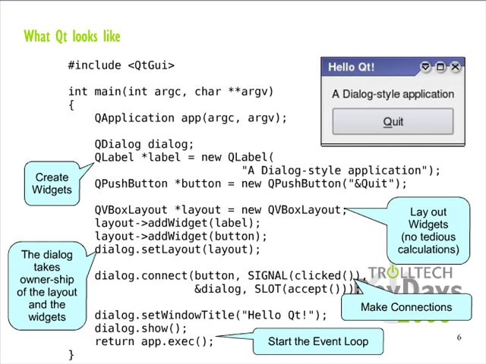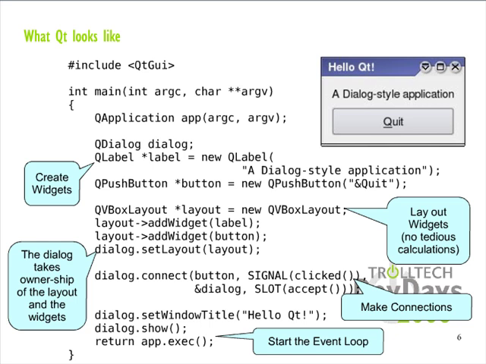So we create our buttons using new. So at the moment, we own that memory. We're responsible. We give them to the layout. And when we call set layout, Qt will not only lay out the form, but it will take ownership of all the things involved in that layout, both the layouts and the widgets. Widgets is the Unix term.